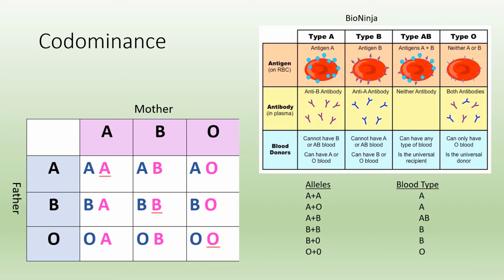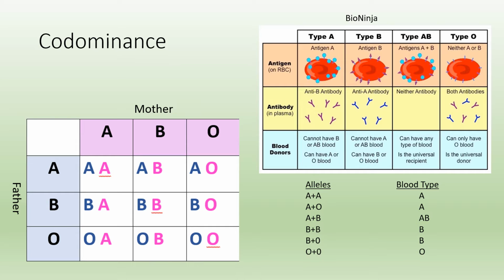So, if you have the type A antigen on your red blood cells, you will react to the type B antibody, which means that if you need a blood donation, you can receive a donation from type A or type O blood, but not B or AB.